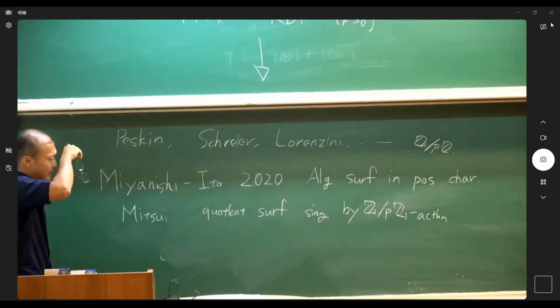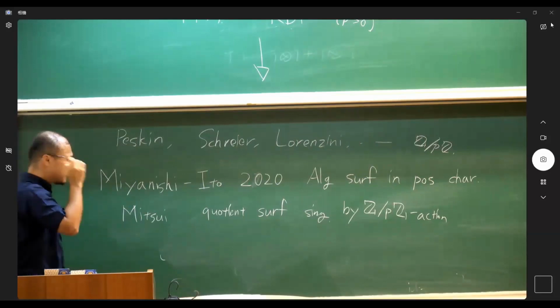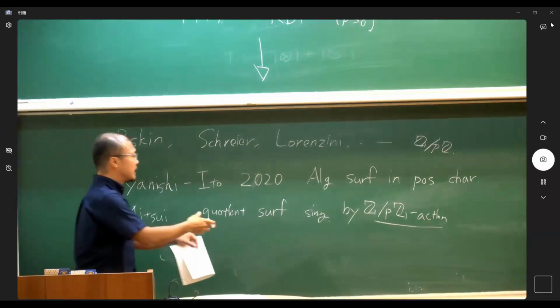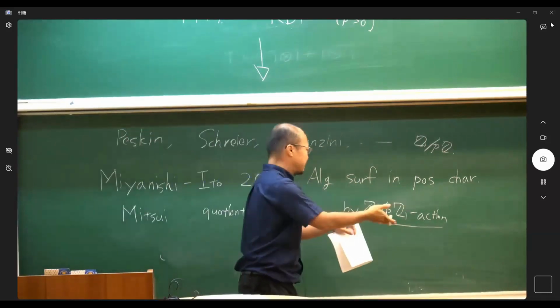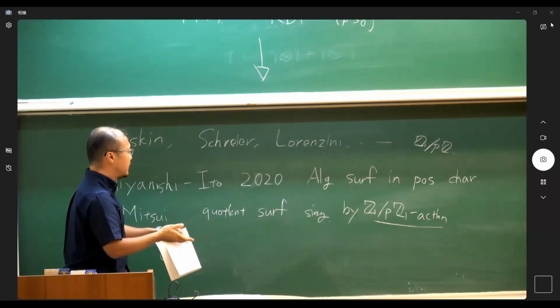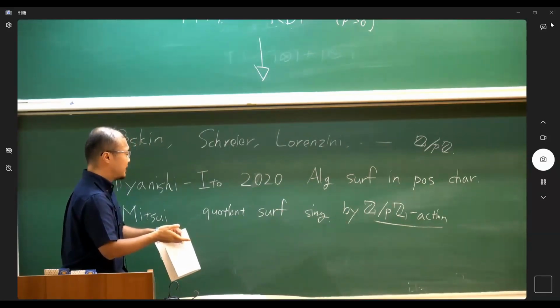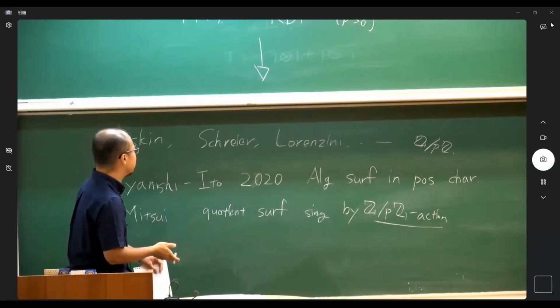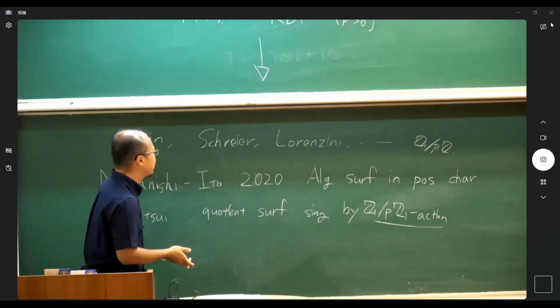I actually studied quotient singularity by Z over p action. This action is a diagonal action on a product of two curves, and I give an explicit desingularization of this kind of singularities and solved some problems by Schreier, Ito, and Lorenzini.